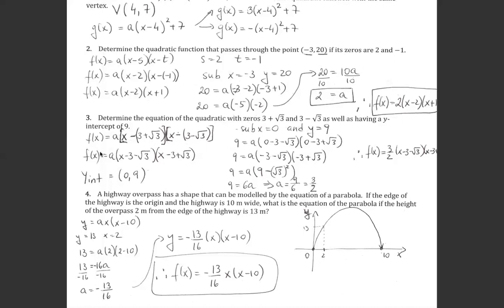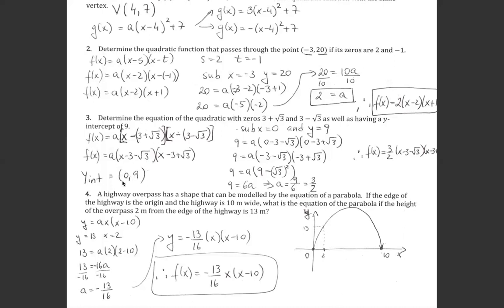So it's got two terms. So f(x) = a(x - (3 + √3))(x - (3 - √3)). If we remove the brackets, we have a(x - 3 - √3)(x - 3 + √3).